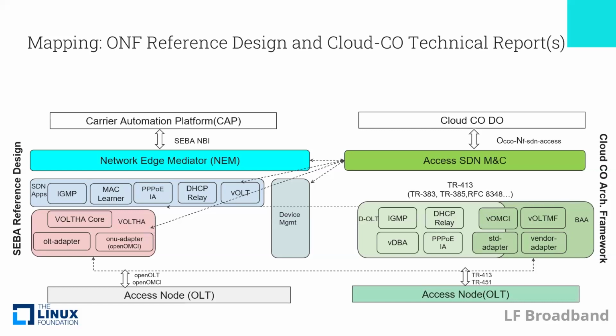So to do that, we put the two architectures side by side and started to compare. Both architectures actually try to solve the same problem. We have the disaggregated access nodes, OLTs, of course, with different interfaces.